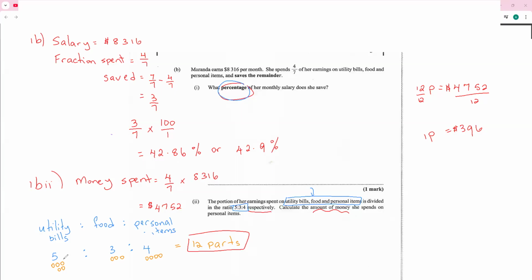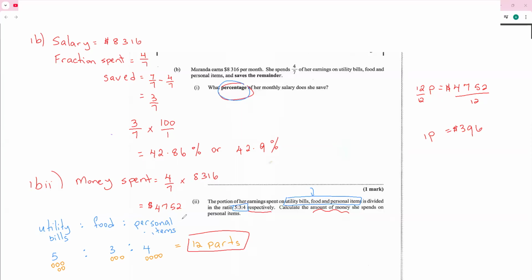Right? So let's just break down what happened. We know that all the money spent is 4,752. It was broken up in the ratio of 5 to 3 to 4. This ratio shows how smaller equal parts were divided. So we know that utility bills receive 5 of those equal amounts of money.